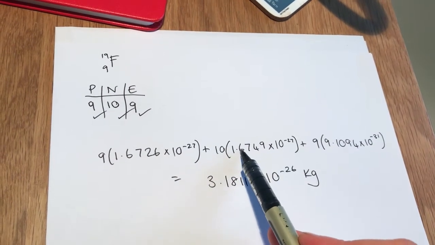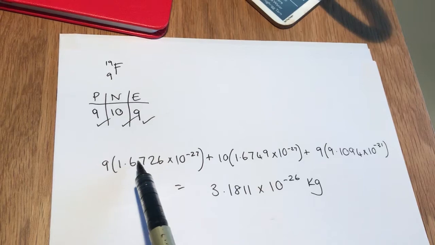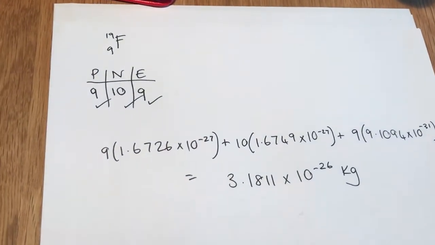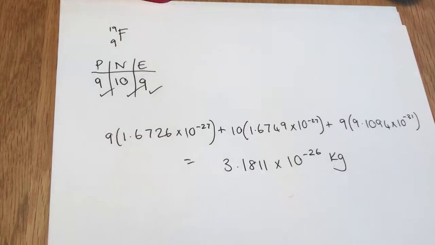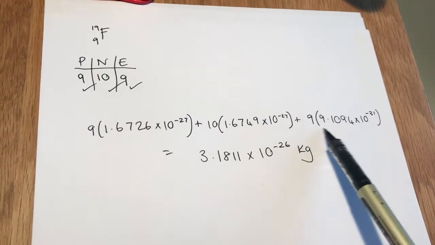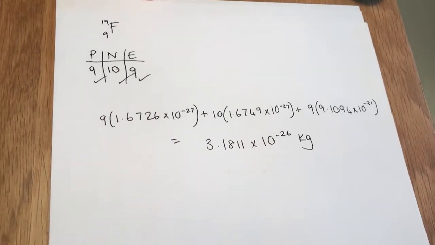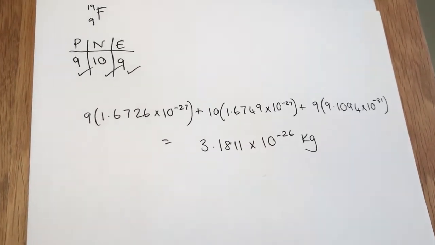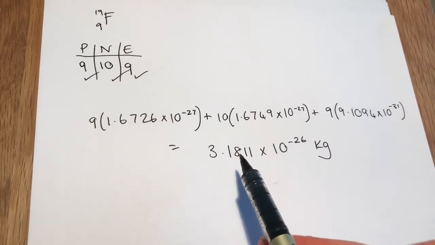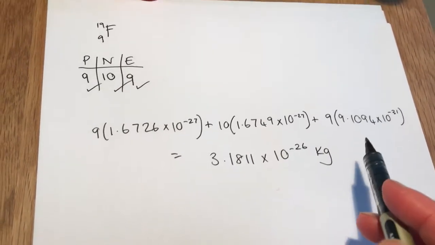You can leave that to 5 significant figures because your smallest number here has also been put to 5 significant figures. So in terms of your accuracy in chemistry, I know it's different in maths, you can put it to 5 significant figures like I've done there.